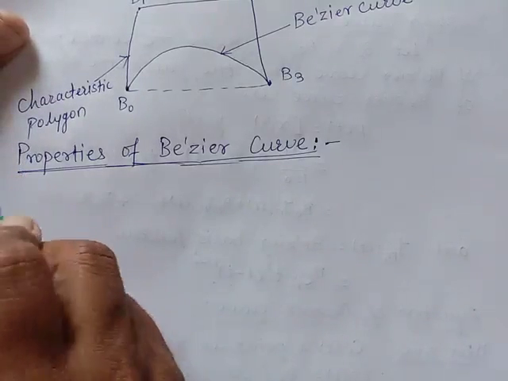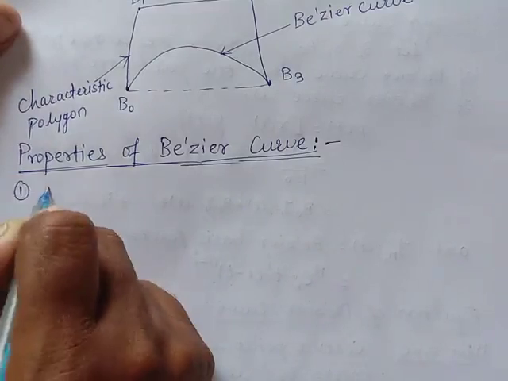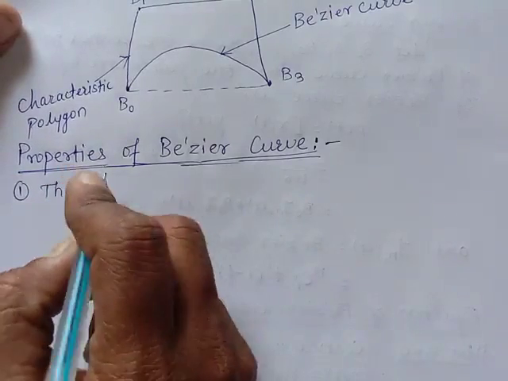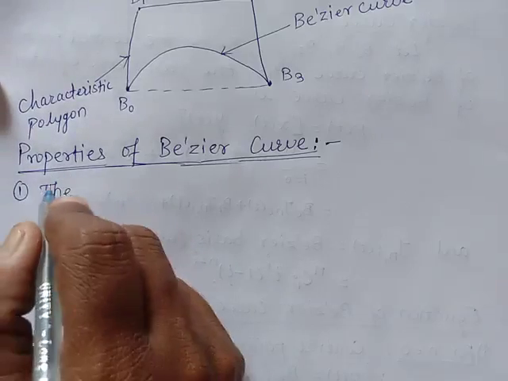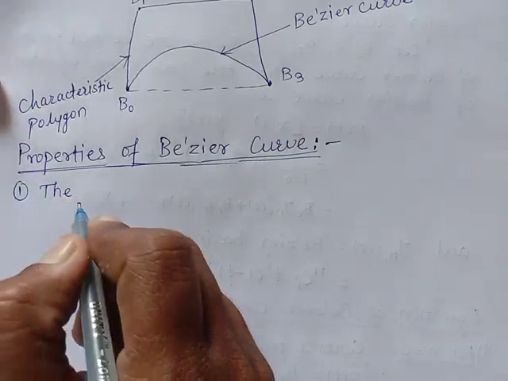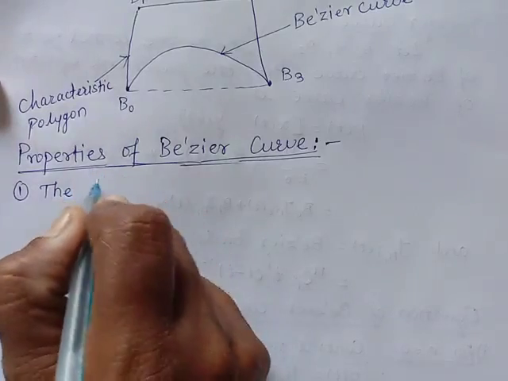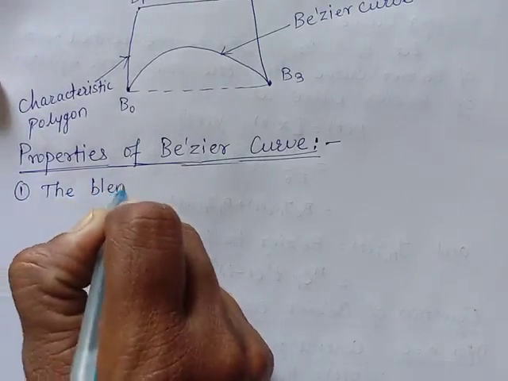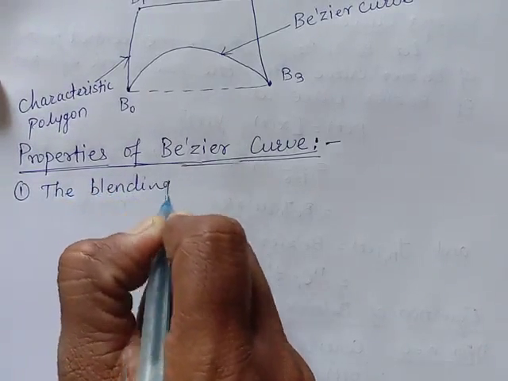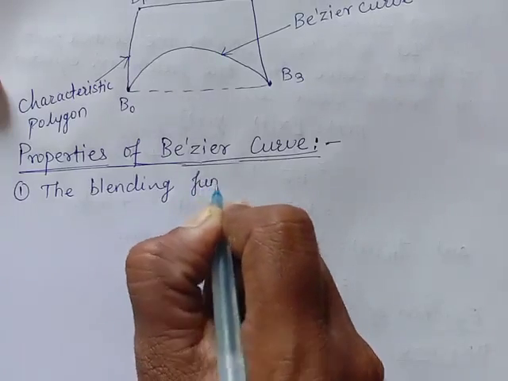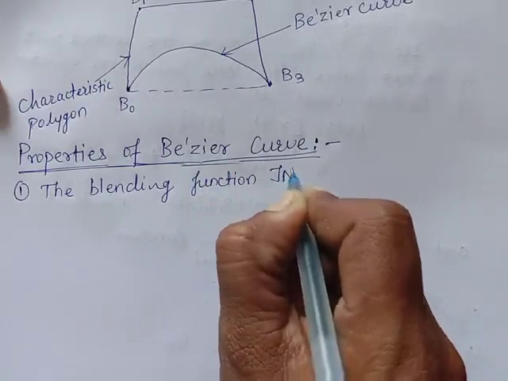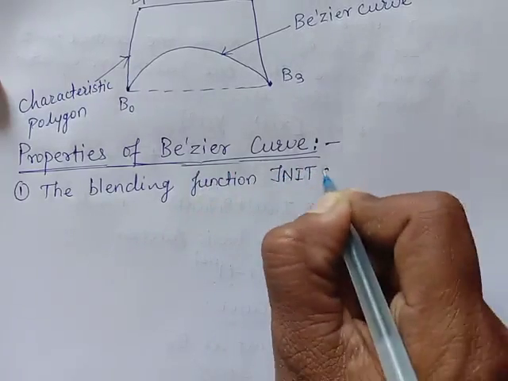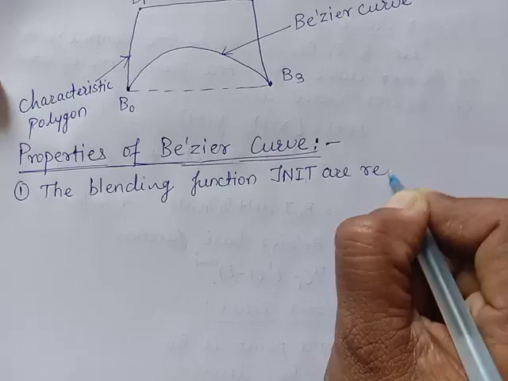Okay, so first property is that the blending functions J(n,i) are real. Means the basis functions of Bezier are real.